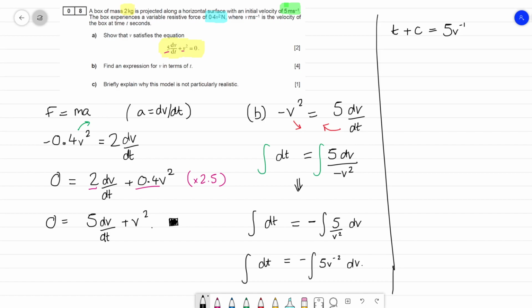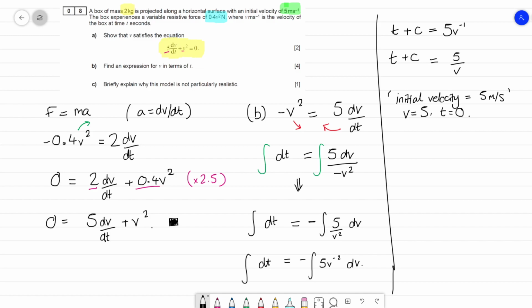All right, what's next? So I've nearly got a velocity expression. Let's just write this a little bit neater. I should probably work out the value of c. I was told that the initial velocity was 5 meters per second. So that means I can plug in v is 5, t is 0.